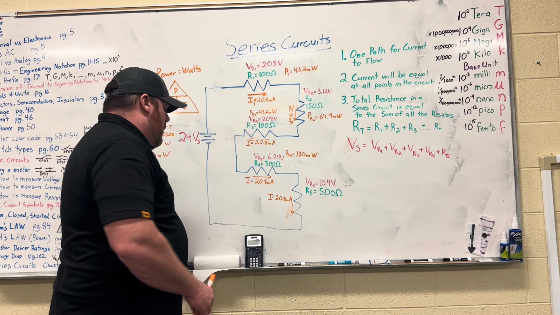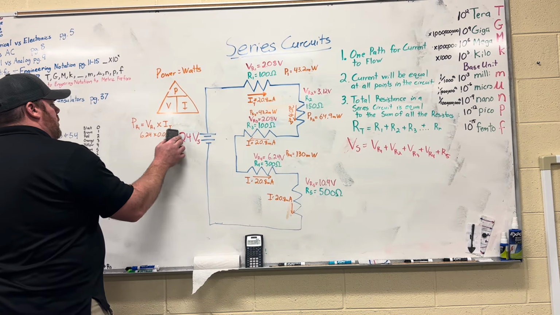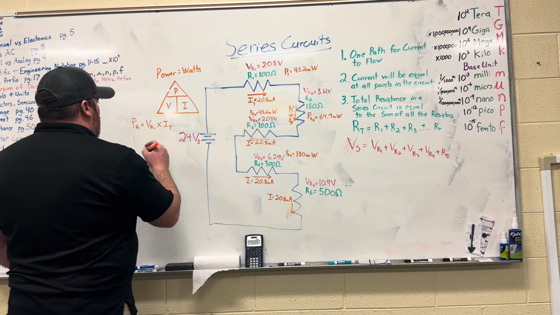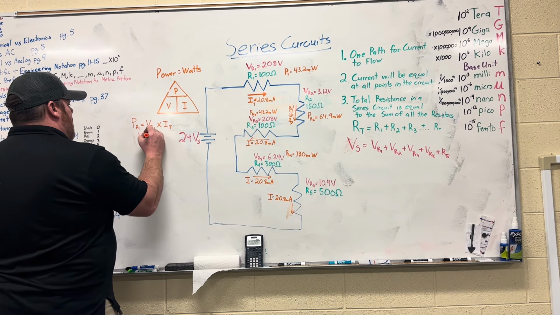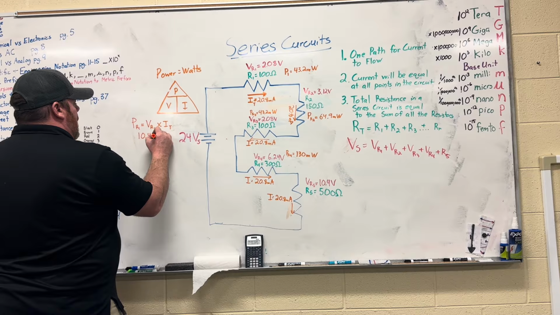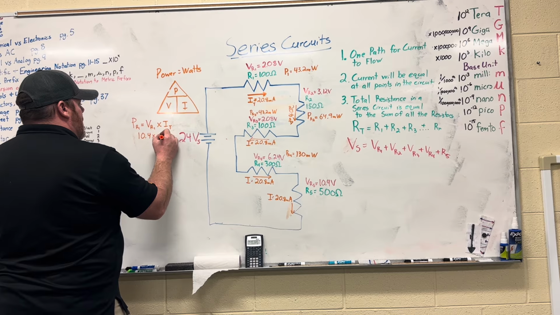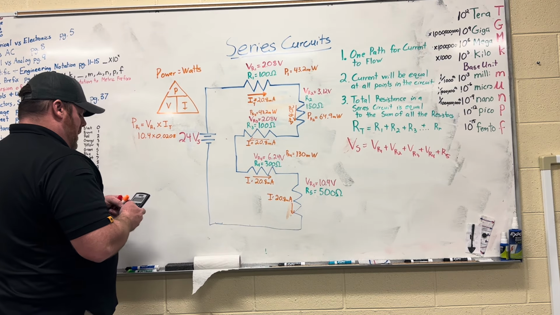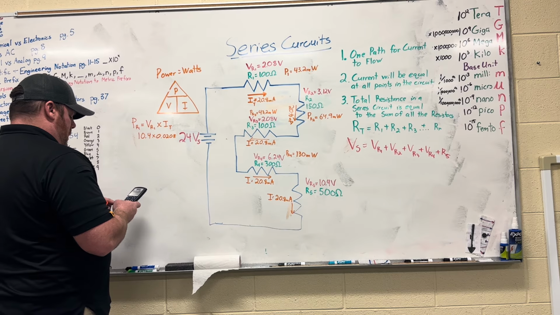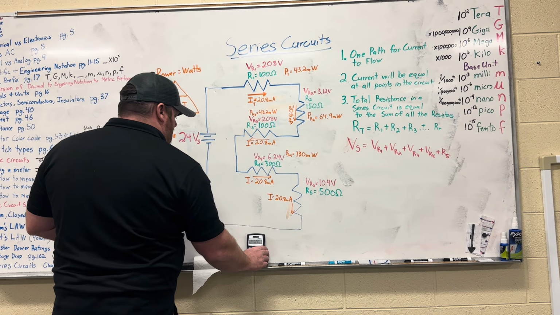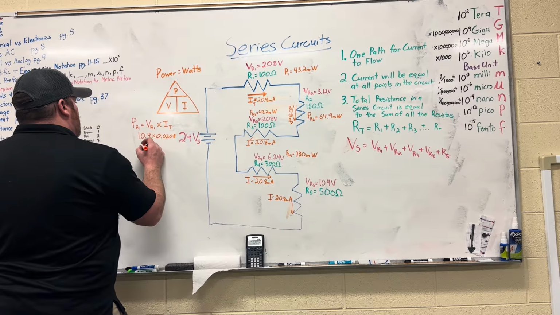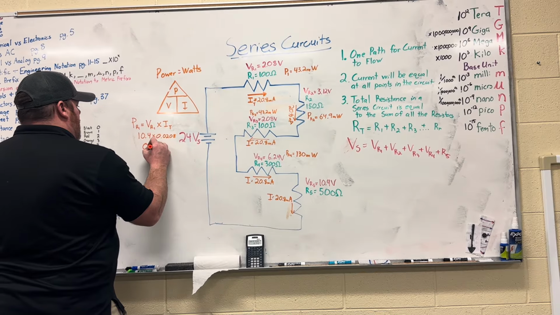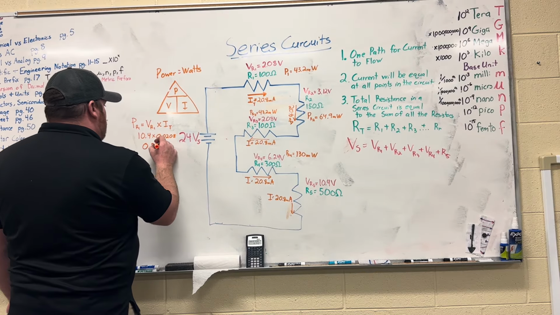We'll repeat this for resistor 5. The voltage drop there was 10.4, and the total current going through it again is still 0.0208. We'll multiply those together. So this is total current times the voltage drop, and we get 216.3 milliwatts.